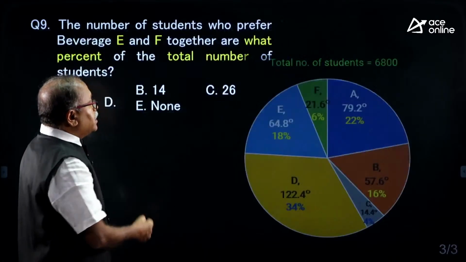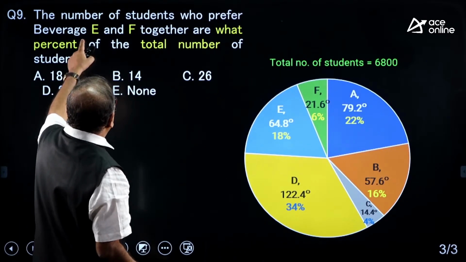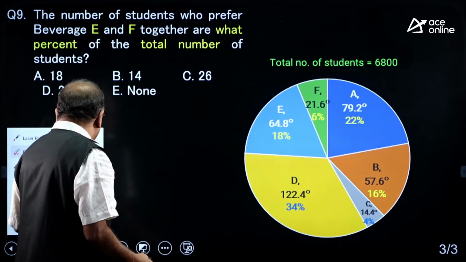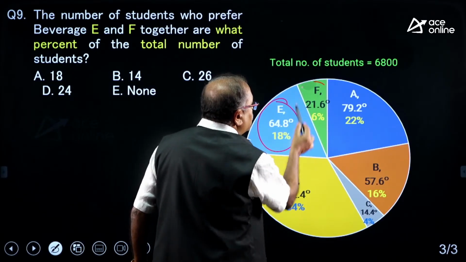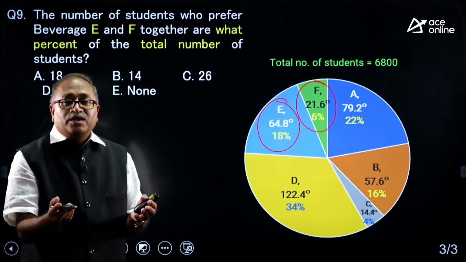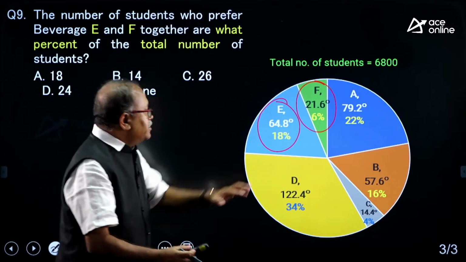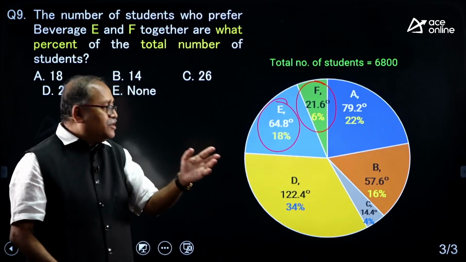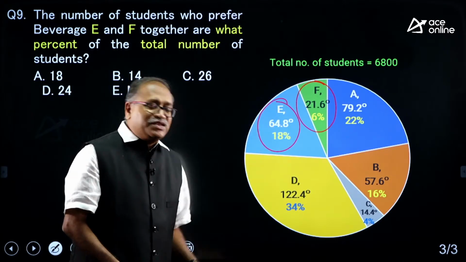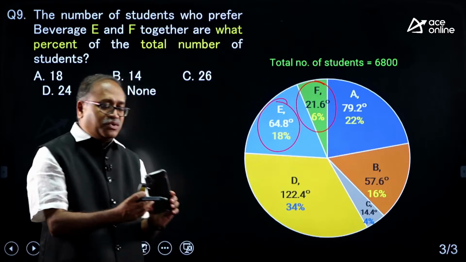Let me take this side and beverage E and F. Look at this one, this is E and this is F, is what percentage of the total number of students? The whole is 100%. As the percentage is already mentioned, within no time my friends will answer the question.